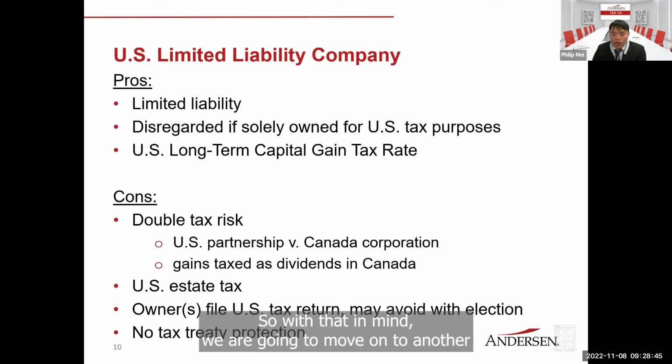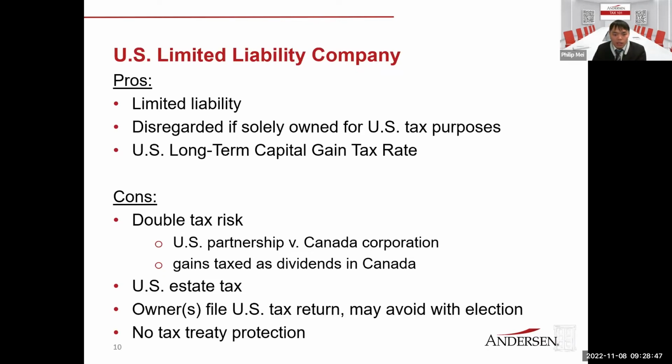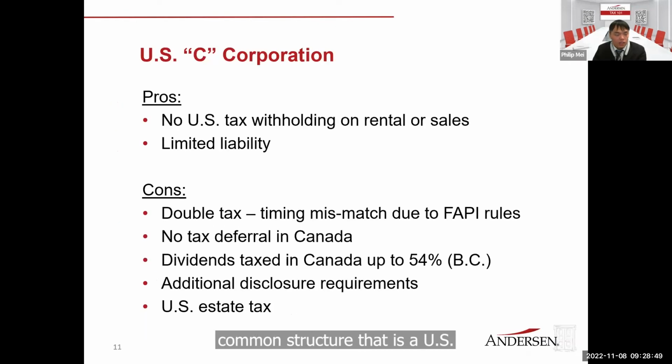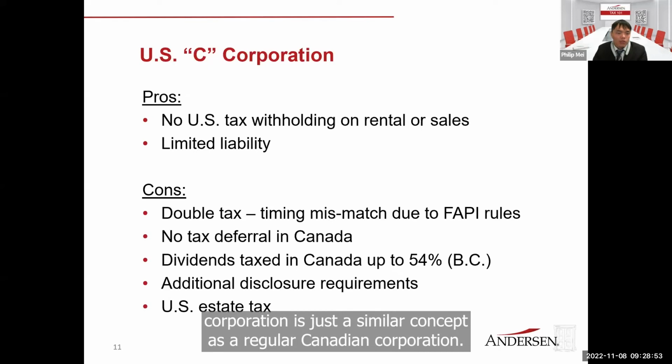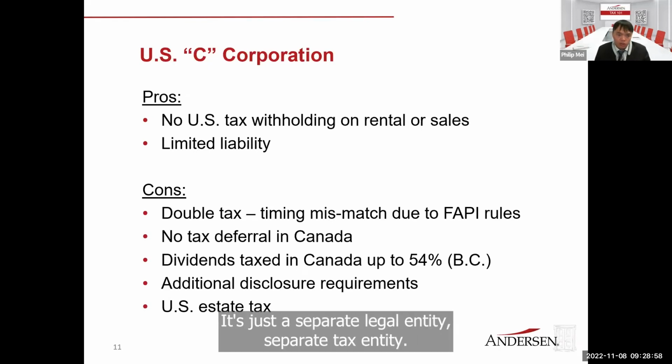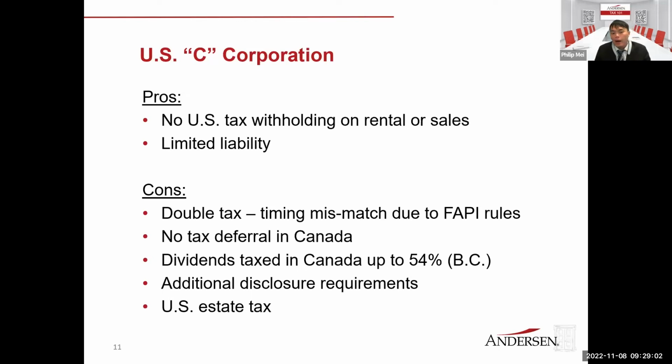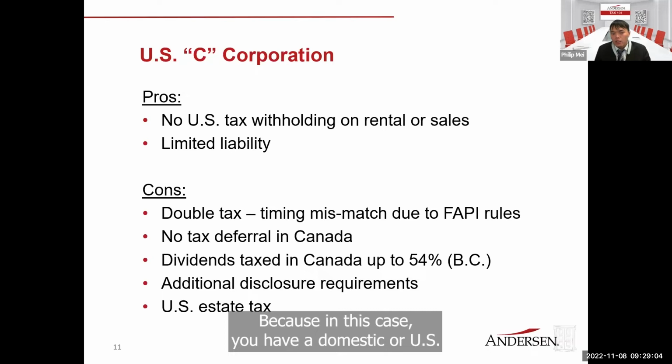So with that in mind, we're going to move on to another common structure, that is a US C corporation. A US C corporation is a similar concept to a regular Canadian corporation. It's a separate legal entity and a separate tax entity, because in this case you have a US domestic entity that is going to pay the tax.